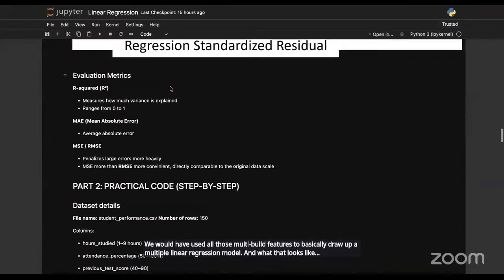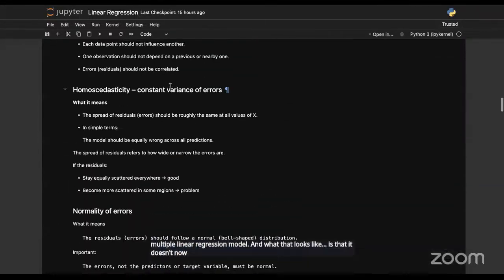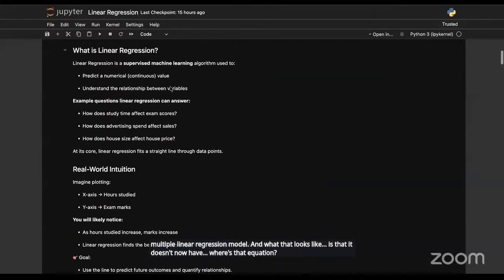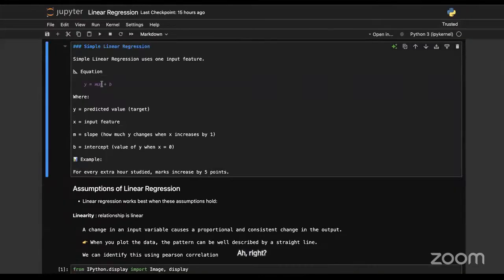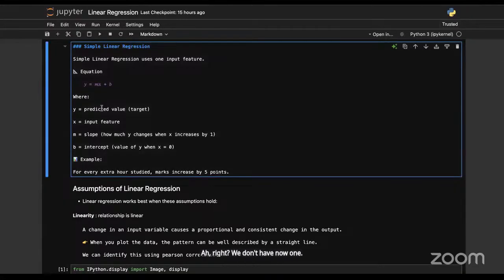It doesn't have one input variable now, we have multiple input variables. We will also have multiple coefficients because these coefficients give us the proportion of how much each affects our target variable.